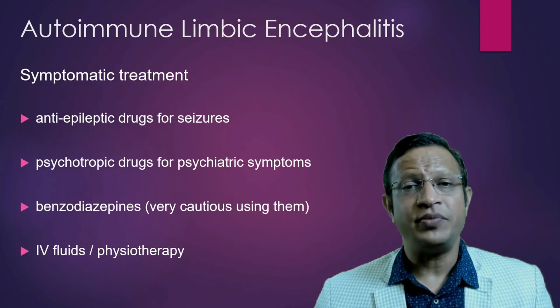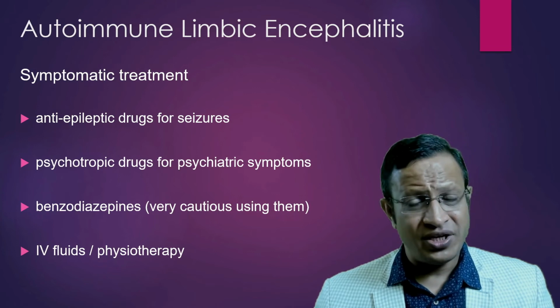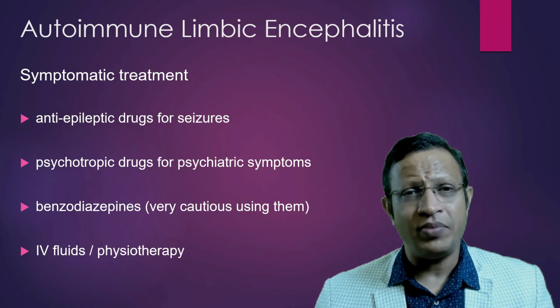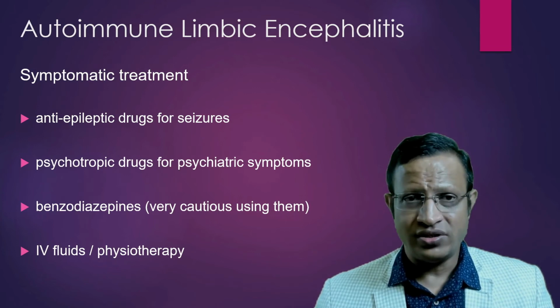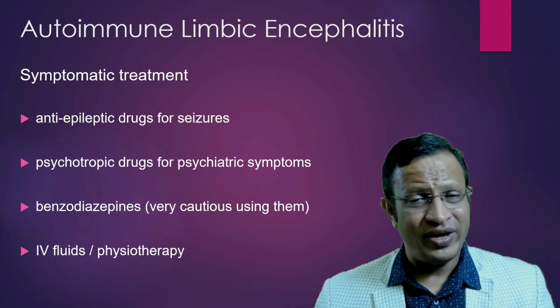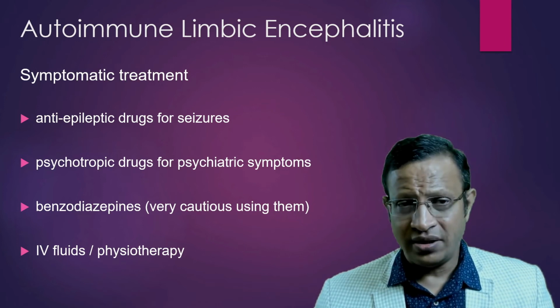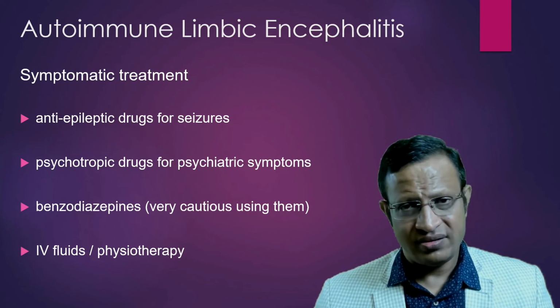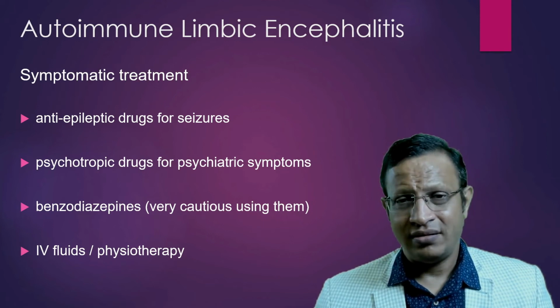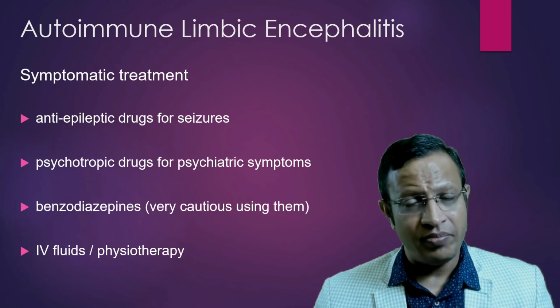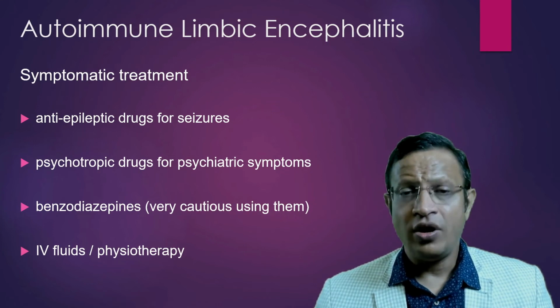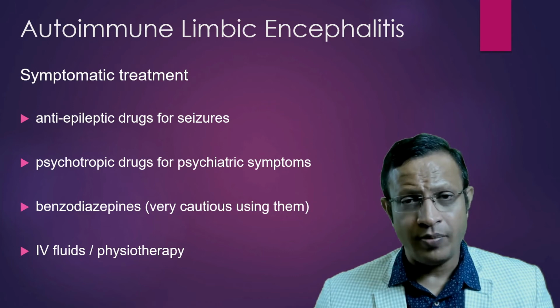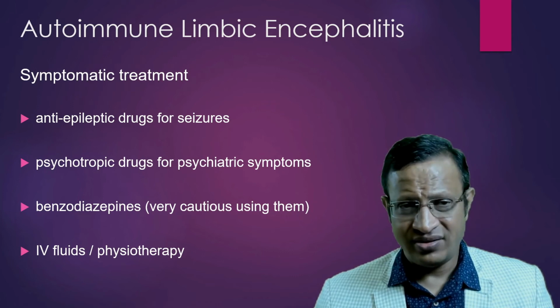Further, we need to give symptomatic treatment. Suppose the patient is having seizures, you need to start anti-epileptic drugs to control seizures. If the patient is very violent or irritable, you may have to consider psychotropic medication. But remember, the patient has brain infection, or it may be paraneoplastic syndrome, or the patient has autoantibodies against the limbic system.